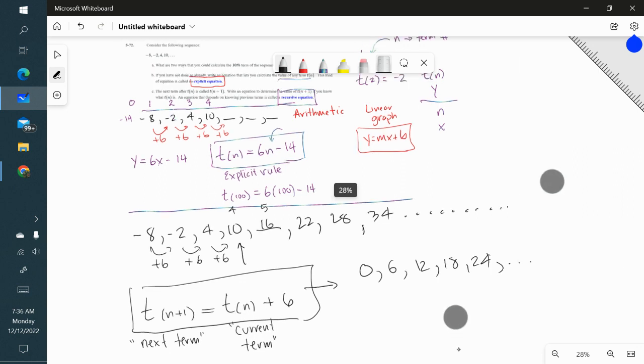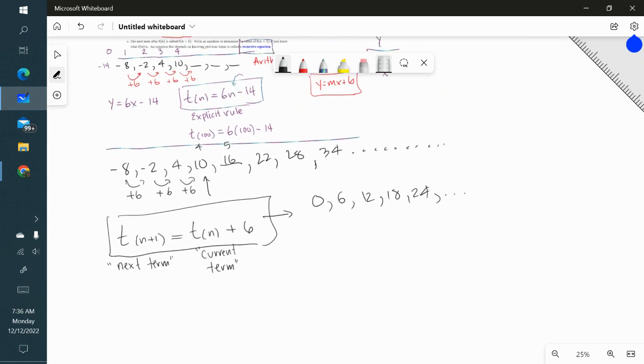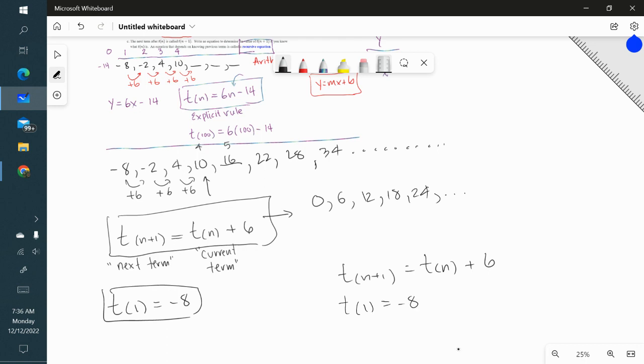I have to add to my notation the initial value. T of 1 equals -8. So now, if this is my rule, the next term equals the current term plus 6, and the first term is -8, that recursive notation now describes this sequence.